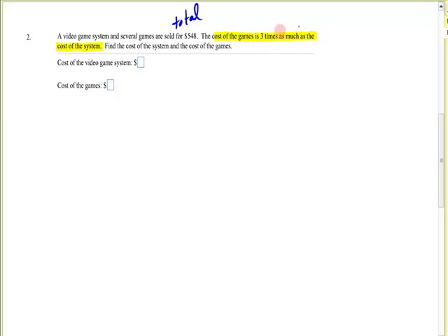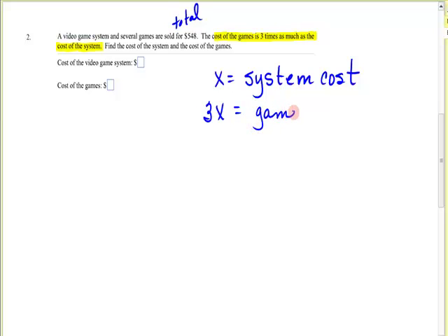I don't know anything about the system. But what do I know about the games? They cost 3 times that much. So 3x is the games' cost. So the one I know nothing about is x, then the other one is compared to it.